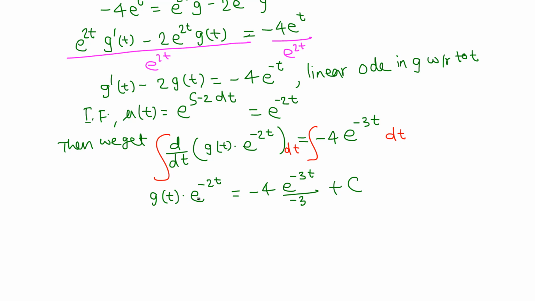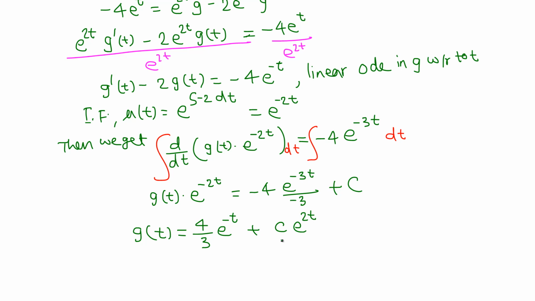Now to find g(t), the unknown function, we divide by e raised to -2t. The negatives cancel, so 4/3 e raised to -3t divided by e raised to -2t on the bottom. The -2t cancels, leaving e raised to -t, plus c over e raised to -2t, which when we move to the top becomes e raised to positive 2t.